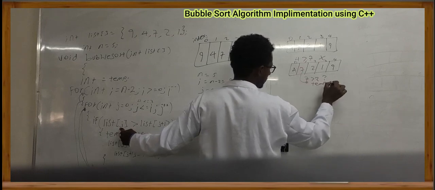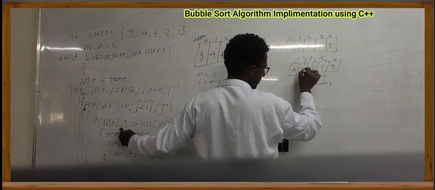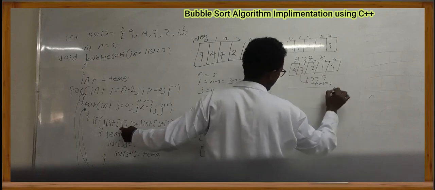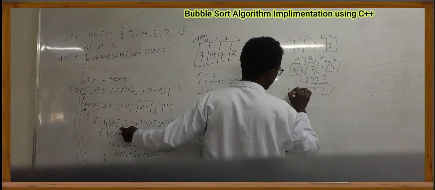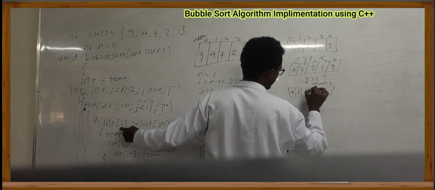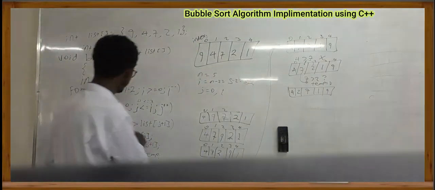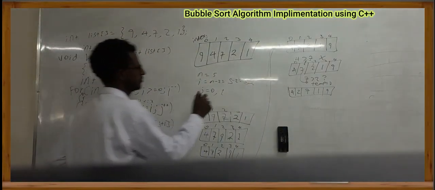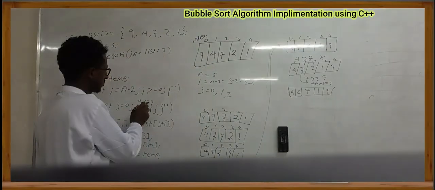Temp is equal to 7. And please put the j plus 1 item on the list of j item. Then the new array becomes 4, 2, 7, 1, 9. Then next increment j again. J becomes 2. 2 greater than or equal to 2.